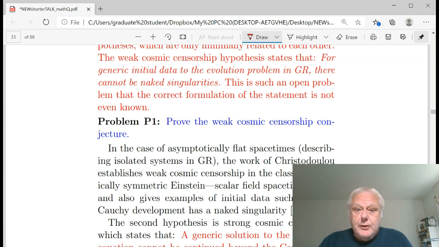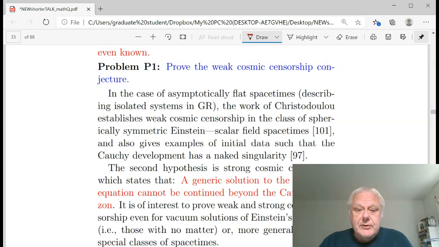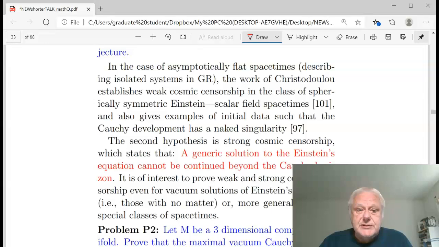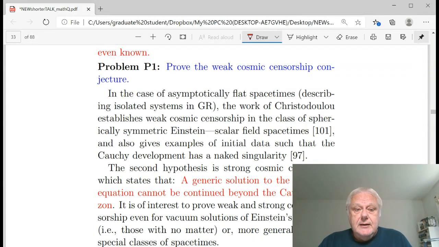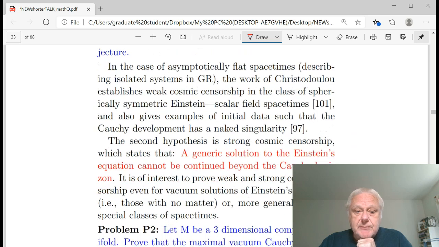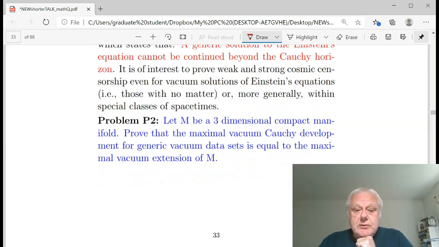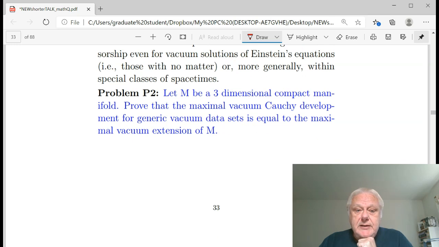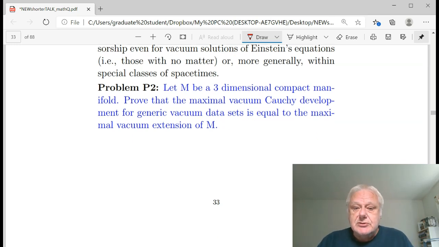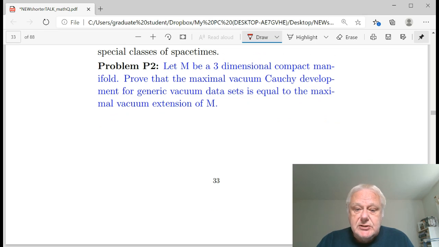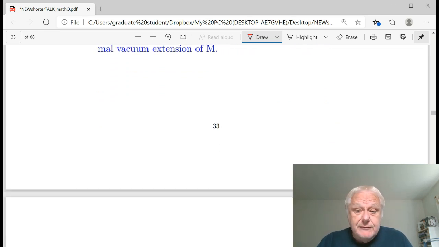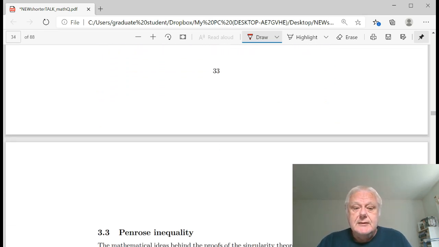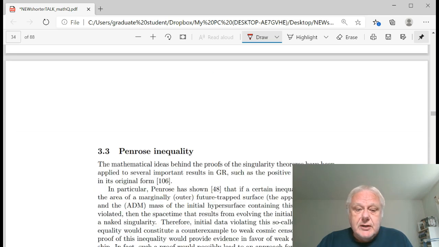Now, this is a well-posed problem, but still not solved, although it's been studied in some particular subcases. You can see here I've stated the problem. Prove the weak cosmic censorship. The second one's more technical, and here is it stated, but both aspects are to do with the fact that general singularities in general relativity that develop from well-posed data have event horizons.